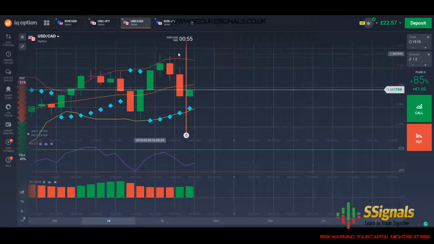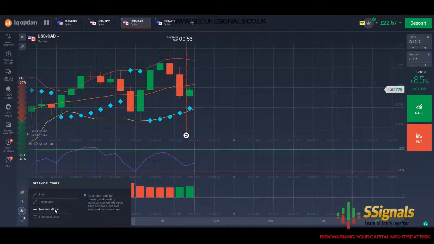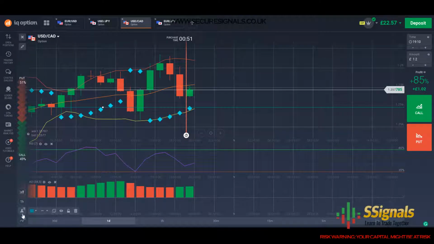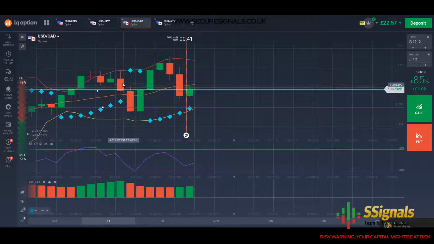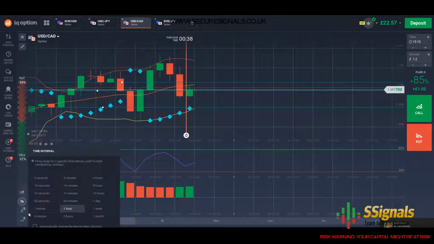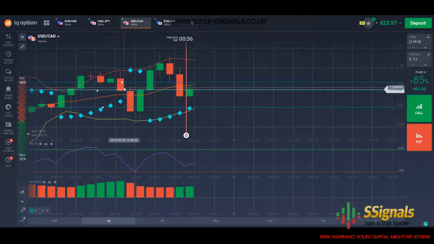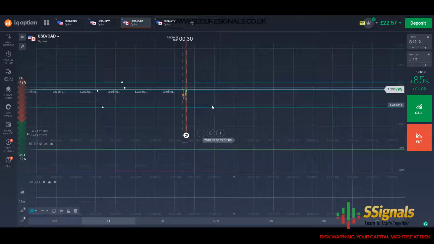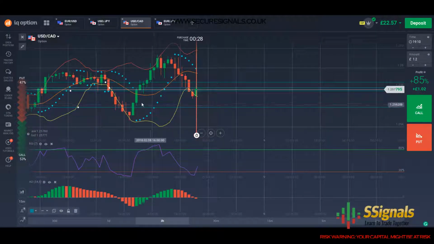Okay, so this is the range that it's been moving in. On the lower time frames, just make sure everything lines up perfectly.